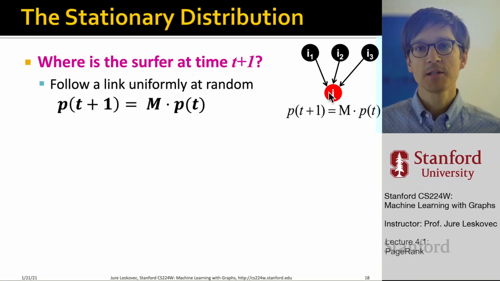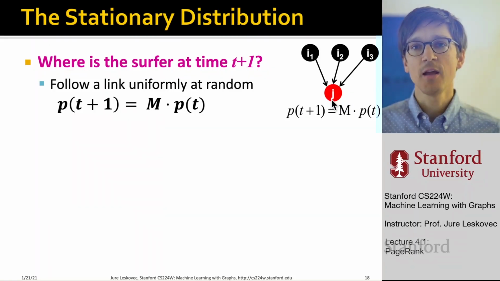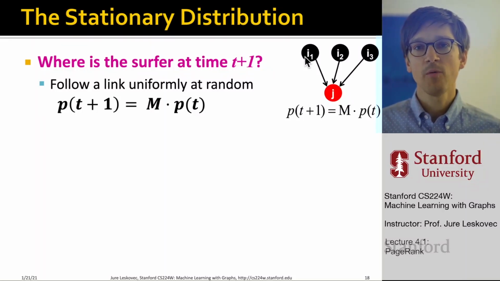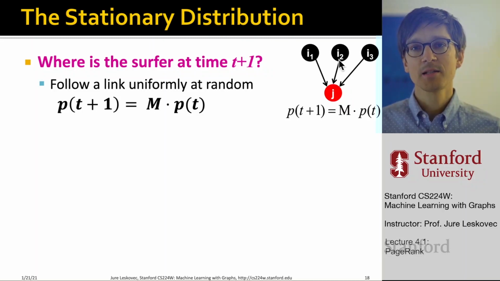So how likely is the surfer at time t plus 1 to be at page J? The answer is the likelihood that the surfer was at node I1 and then picked a random link out of I1 to arrive at J, plus the probability they were at I2 and picked a random outlink that led them to J, or they were at I3 and again were lucky to pick the right outlink to get them to J.